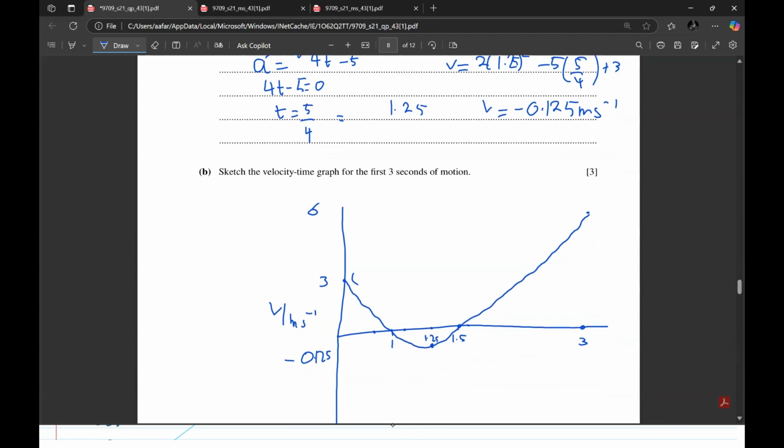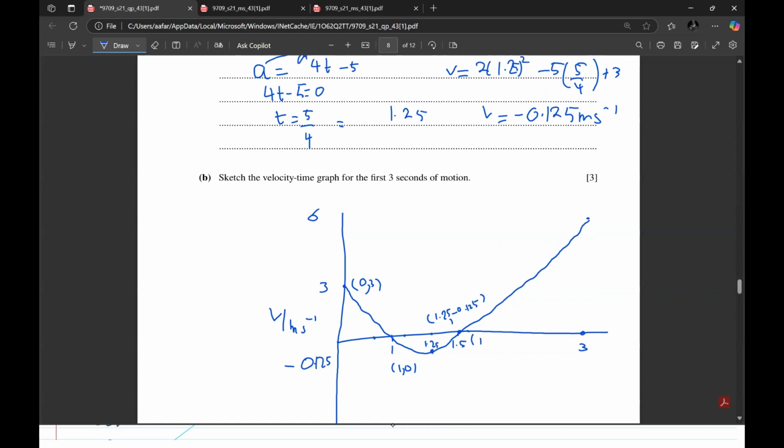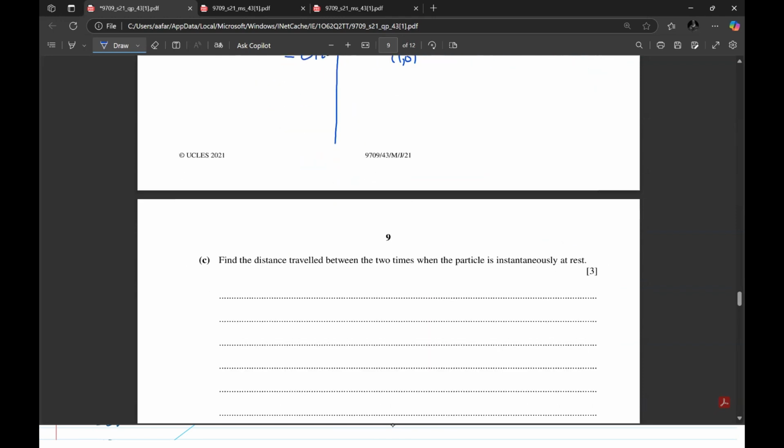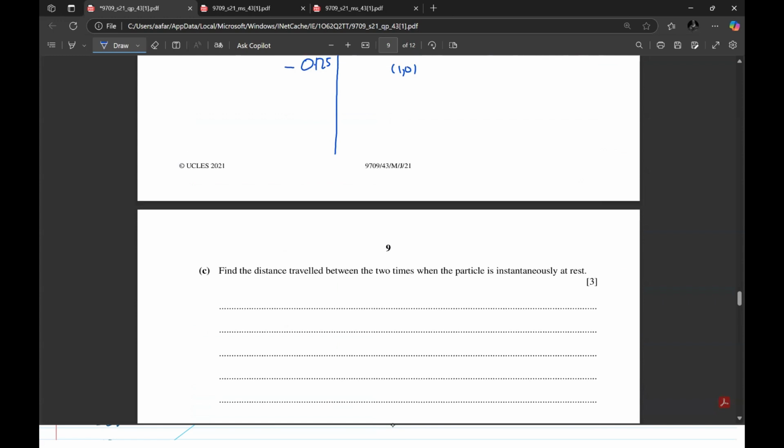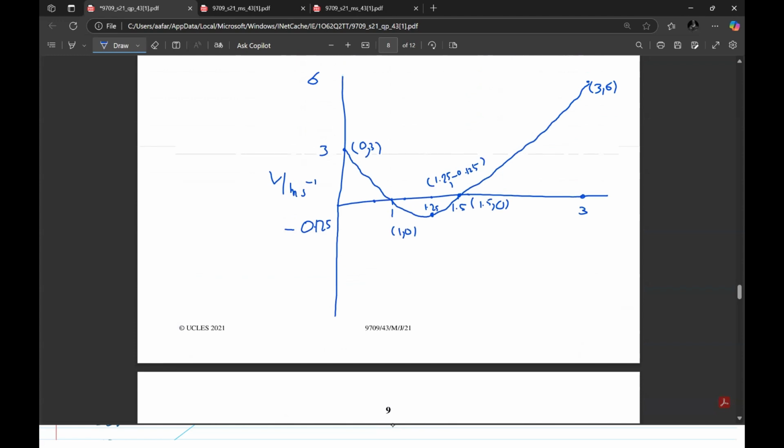Just for the smallest. Find the distance traveled between the two times when the particle is instantaneously at rest.